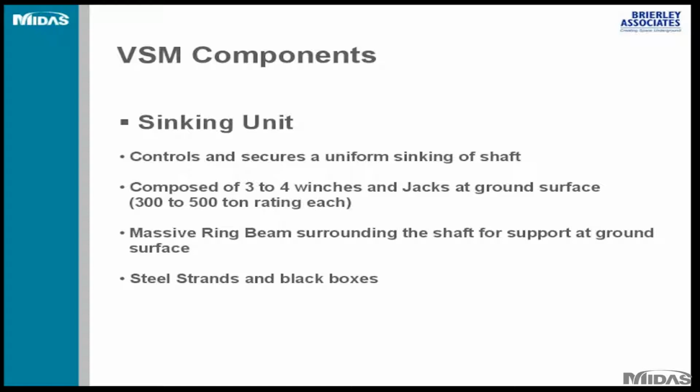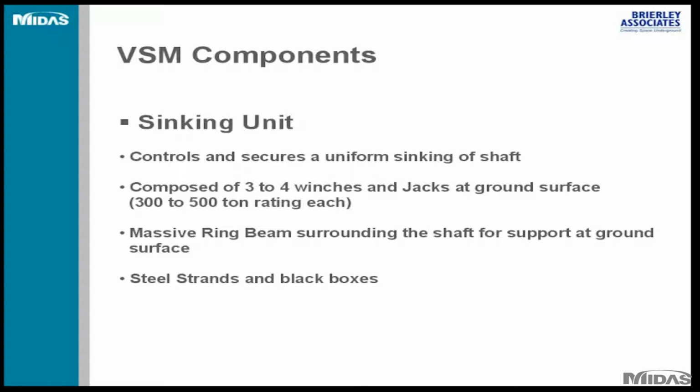The sinking unit has 3 or 4 more components. First of all, you have 3 to 4 winches and jacks at the ground surface. Each jack has a capacity of 300 to 500 ton. And then you have a massive ring beam at the top to support the jacks and the winches.